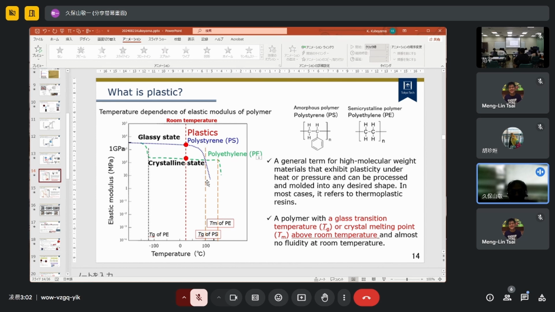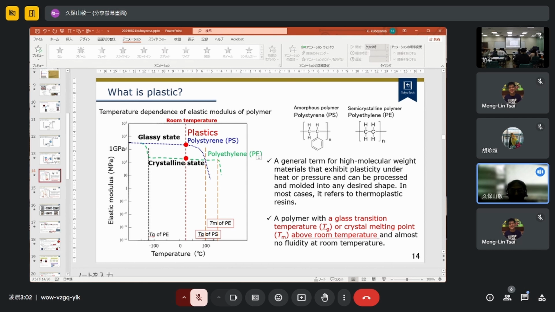Below this temperature, polystyrene is in the glassy state. So at room temperature, polystyrene is a solid. And if you heat the sample above the Tg, the elastic modulus becomes lower, and you can easily change the shape of the sample and mold it.